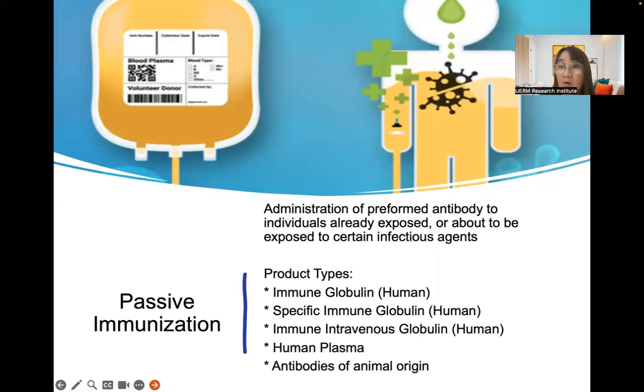This is used among burn patients to control Pseudomonas infections, patients with protein-losing enteropathy, and COVID cases from patients who recovered from COVID-19. And number 5 are antibodies of animal origin like tetanus, anti-rabies, snake bites, and spider bites, or anti-venom.